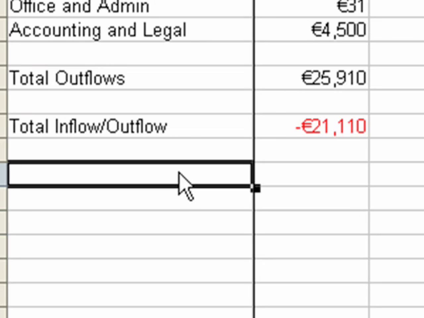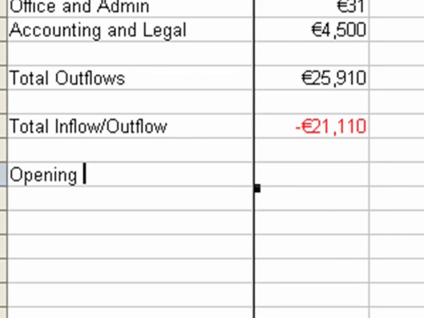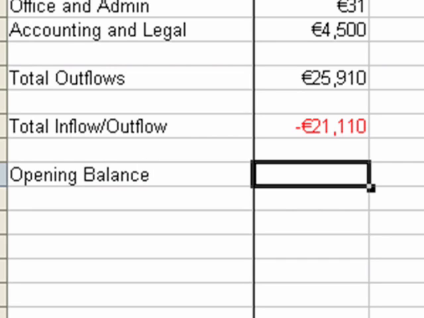Now what we have to do is create a rolling balance so we can see our balance for each month. This is very easy to do. First thing we do is we put in our opening balance, which is the balance from the previous period. So we have 0 at the moment.